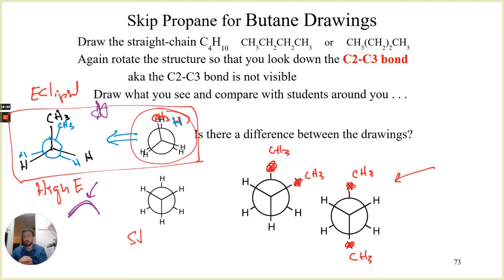These staggered, however, are energy minimums. Okay, and as an energy minimum, they do exist. Because they now exist, we do need to actually differentiate these. Okay, are those different in energy? Okay, well, in that first case, what do we have? We have the methyls close to each other.